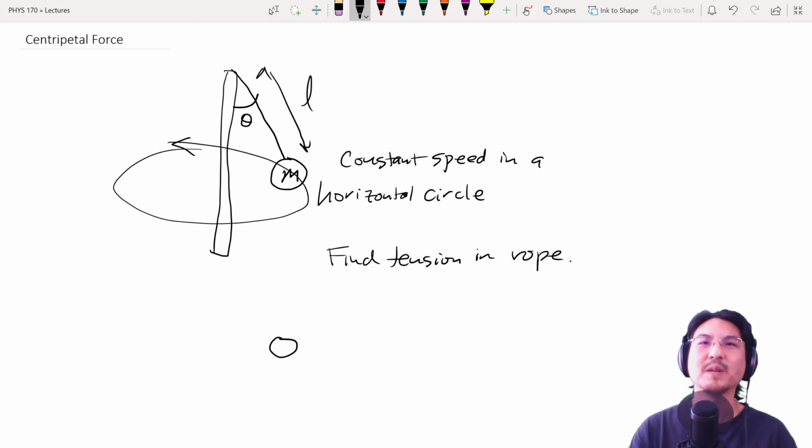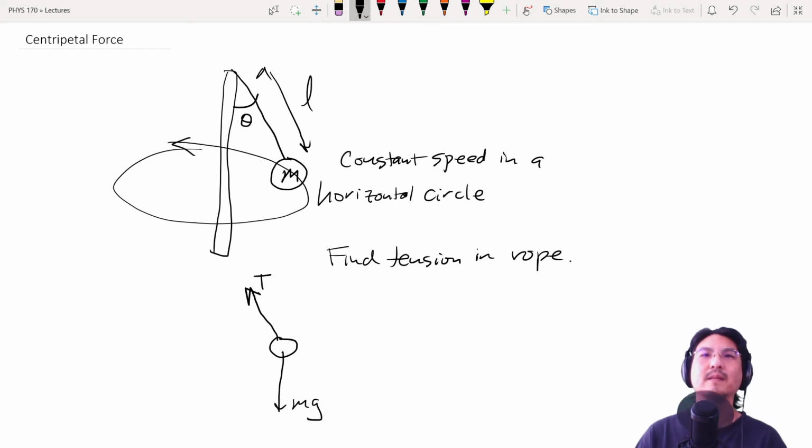There's that ball. There's the string, that rope. So there's tension, and then it has weight. And that's it. There's tension, there's weight. That's the free body diagram.